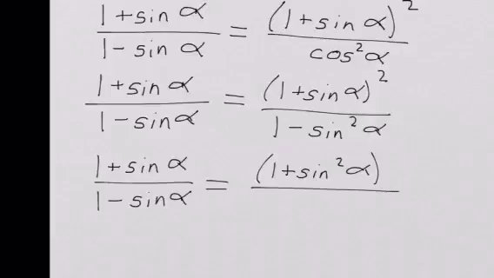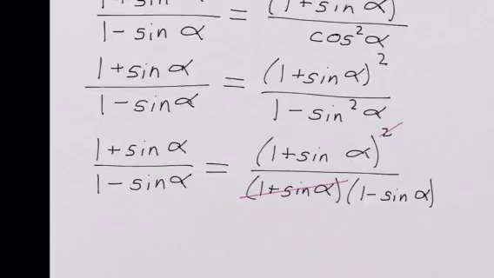Whoops. That should not be 1 plus sine squared alpha. That should be 1 plus sine of alpha, all of that squared. And then 1 plus sine alpha times 1 minus sine alpha in the denominator. So I have two factors of 1 plus sine alpha in the numerator and one in the denominator, so I can cancel those out.